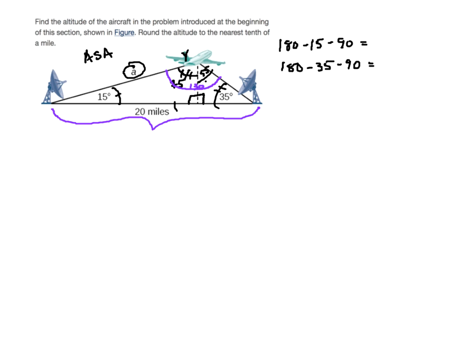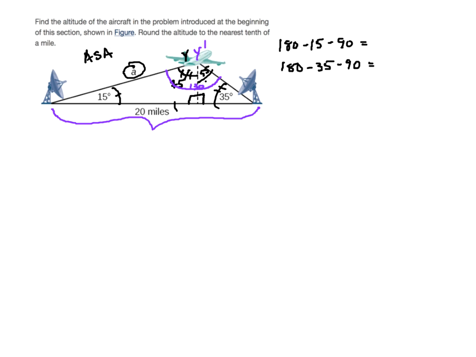So we'll call this gamma prime, it's 130 and it's opposite the side that is 20 miles long.